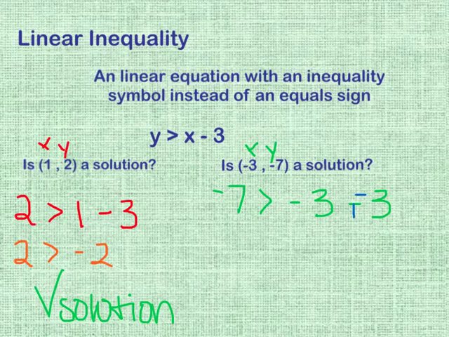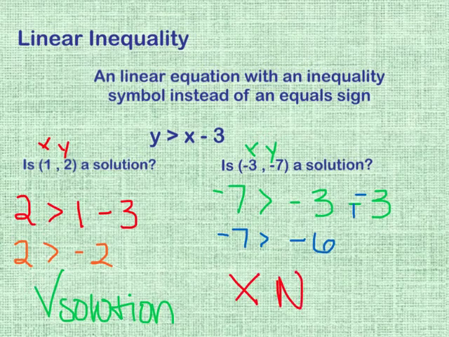So negative 3 plus negative 3 is going to give us negative 6. So is negative 7 in fact greater than negative 6? Remember, it gets a little confusing as we start getting more negative, but more negative means that it's a smaller number. So in this instance, this does not work and it is not a solution.